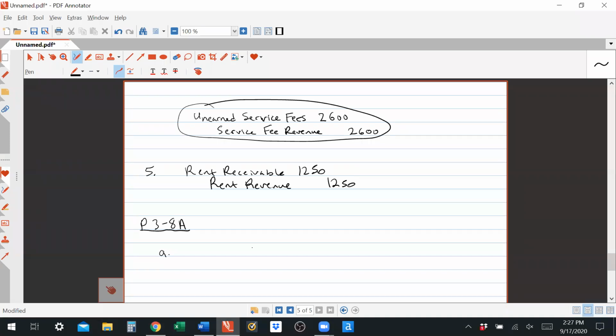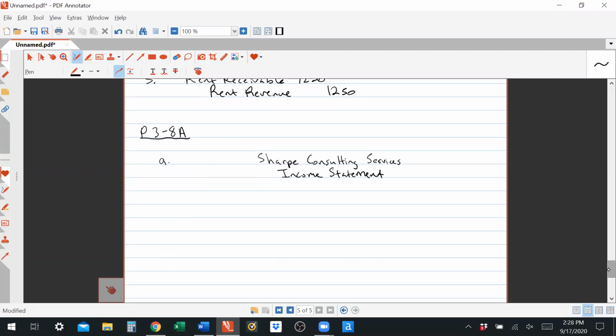Income statement. Income statement, you start with name of company. Name of financial statement, in this case, the income statement. And then for the year ended 12/31, and it doesn't tell us what year it is, it just says that it ends on December 31st, so we'll just put XX because we don't know exactly what year.